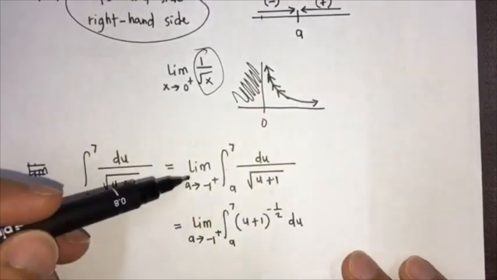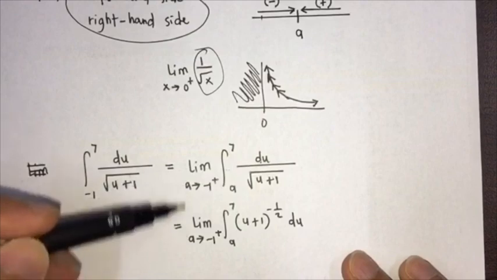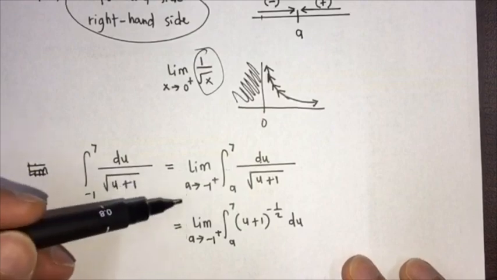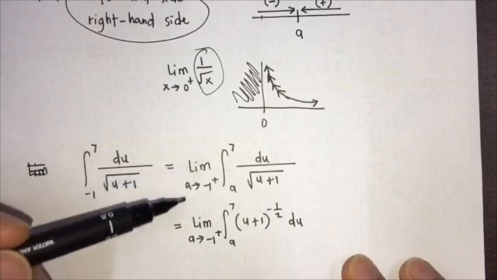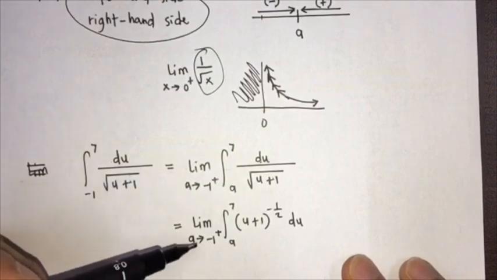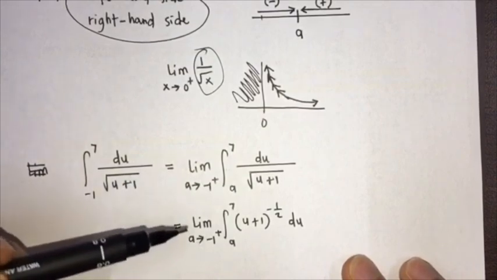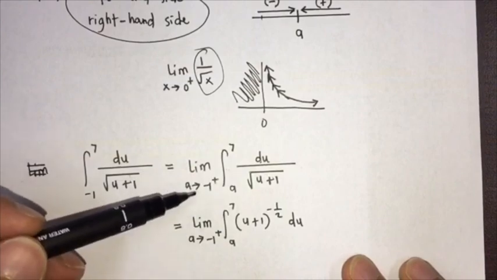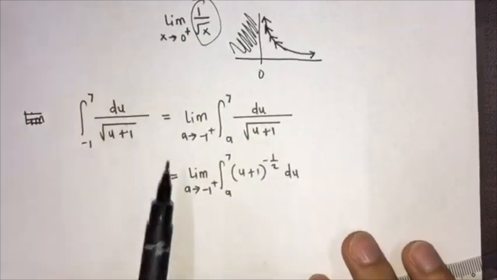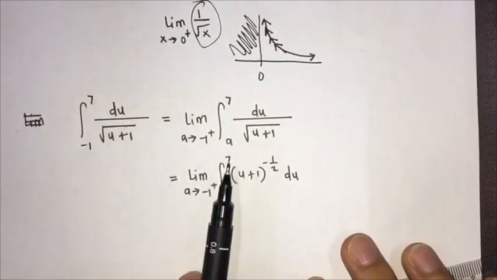You must always include this in your solution when evaluating limits with infinite discontinuity, because it's the proper way to show how you evaluate the limits. This is part of your solution.